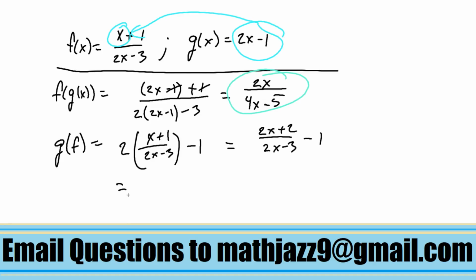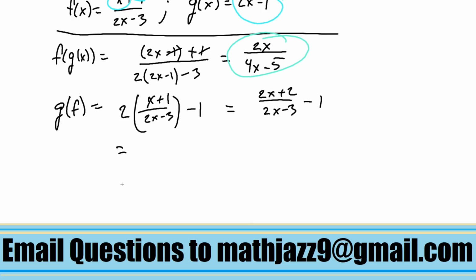For the sake of practice, we will combine fractions. We get 2x plus 2 minus 1 times 2x minus 3 over 2x minus 3, because that gets us a common denominator.